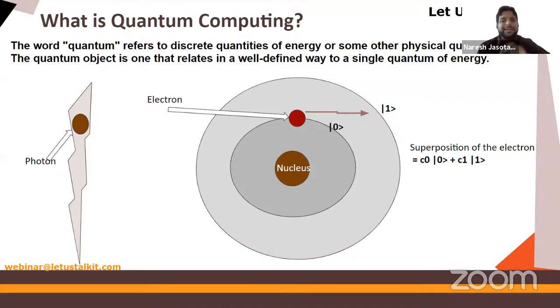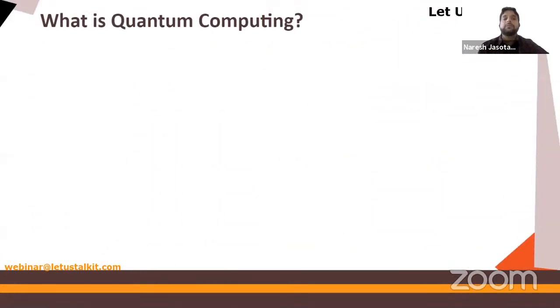I know it can be a little very scientific. Let me try to break it down in computing language. So |0> is a state of qubit 0, quantum bit zero, and |1> is a state of quantum bit 1.